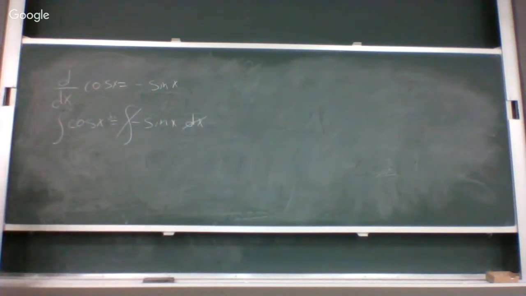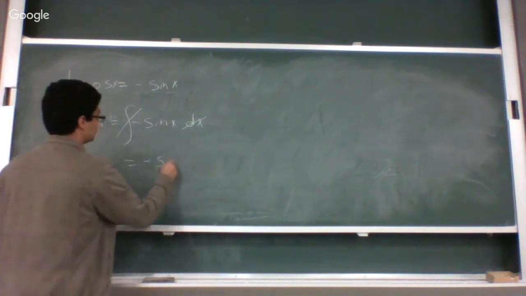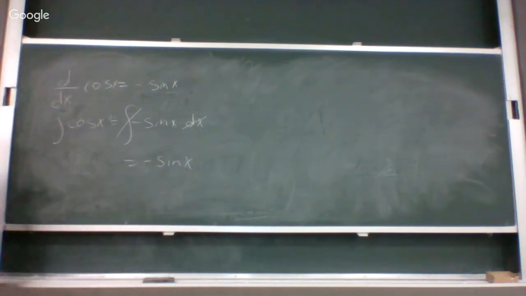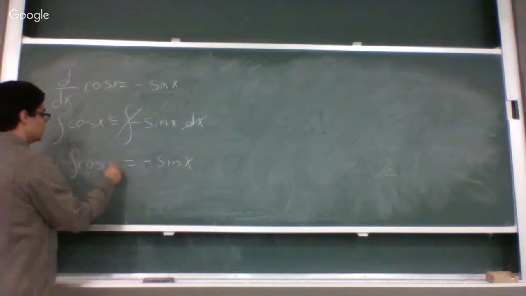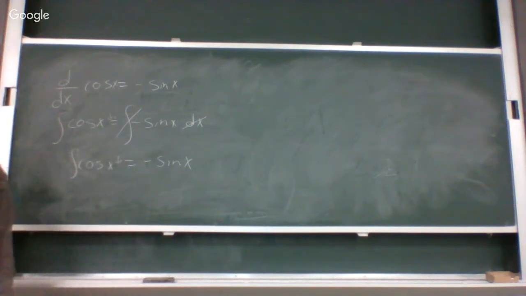So on this side, we have minus sine of x. On this side, we have the integral of cosine of x. I added a dx here because I multiplied by that integral. What's the integral of cosine? That's sort of backwards working it because it goes in a circle.